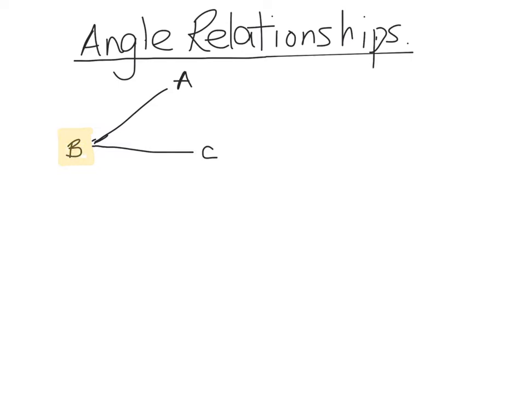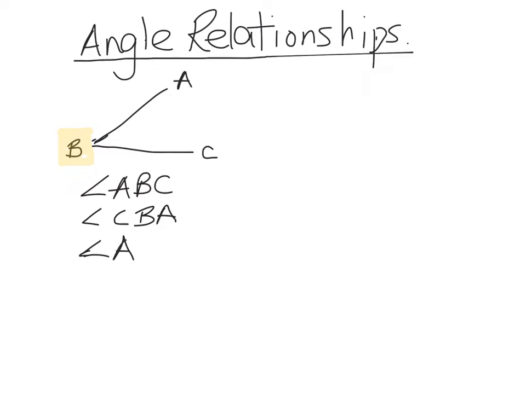Okay, so the cool thing about this is I have 3 different ways I can label this specific angle. So I can call it angle, whoops, I'm going to go back to a pen, angle ABC. I can also name it angle CBA. And lastly, I can also just label it based on the vertex, angle B.